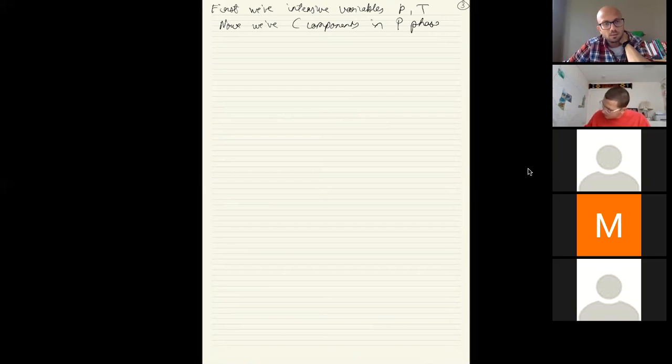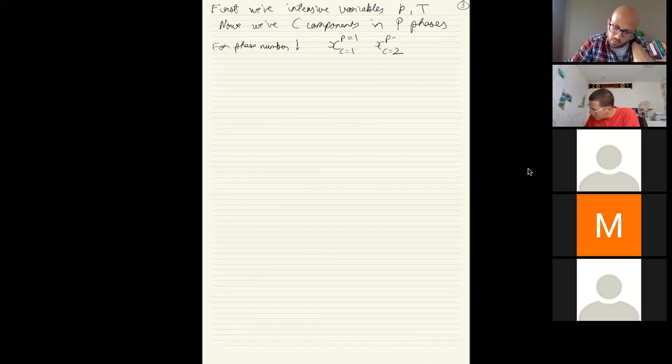That is the question. For phase number 1, you need mole fractions for component C equal to 1. In phase number 1, you need component C equal to 2. In phase number 1, you need component C equal to 3.